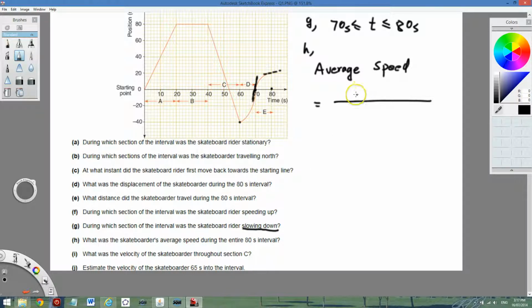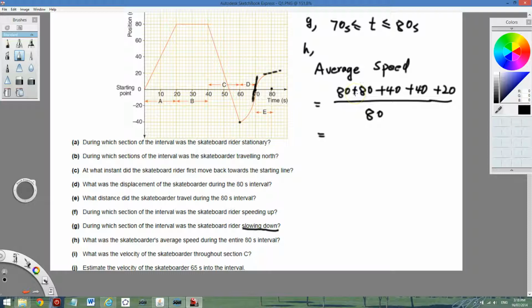The total distance traveled, which is 80 plus another 80 plus 40, plus another 40 plus 20, divided by the time. The total distance divided by the total time.